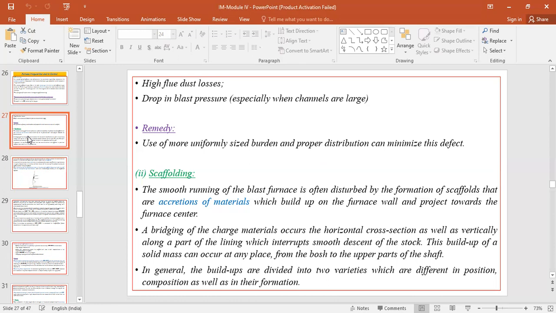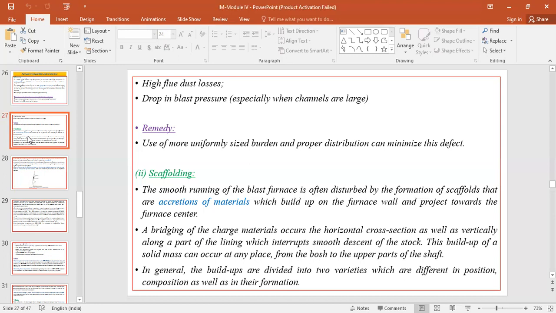And what is the remedy? The only thing we need to take into consideration is that the raw material we are charging should have very good physical properties. Even if you take a good amount of care about its properties, a certain amount of fine generation is possible, which we cannot avoid. But make sure that the percentage of fines formation inside the blast furnace is as low as possible.